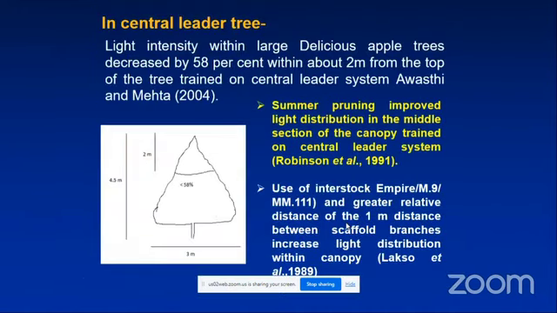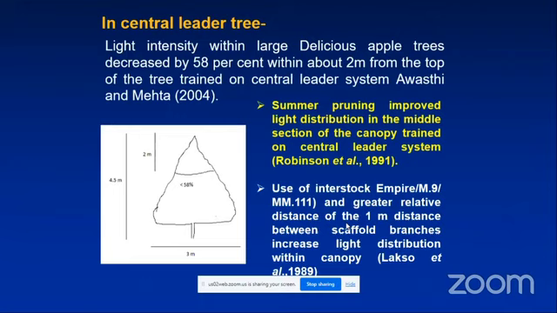Then in the central leader system, the earlier design, light intensity within large Delicious apple trees decreased by 58% within about 2 meters from the system.